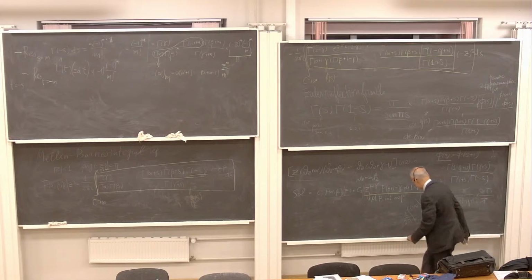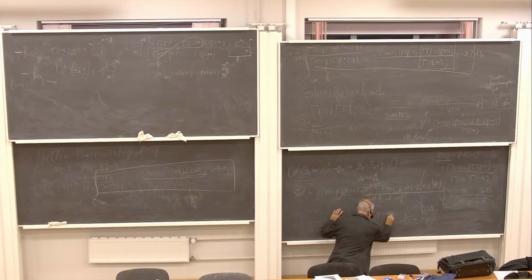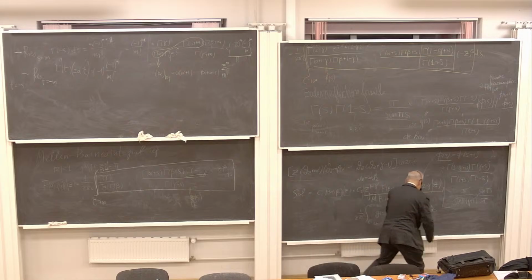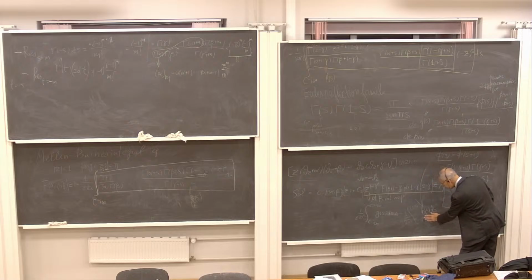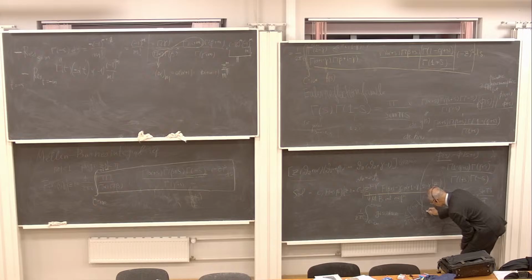So let me write two integrals, ds, and maybe instead of writing h(s), I can write g(s) times phi(s), up to some constant factor.